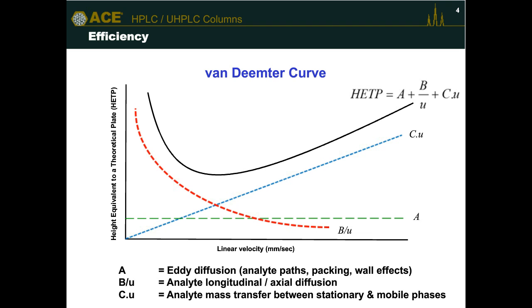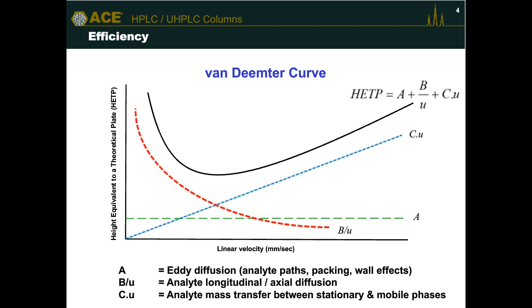curve. And one of the big things about these solid core particles is that the shape and the positioning of the curve is different compared to its fully porous counterpart. And it's lower in a lot of cases, which means we get higher efficiencies, and the C term looks to be flatter.